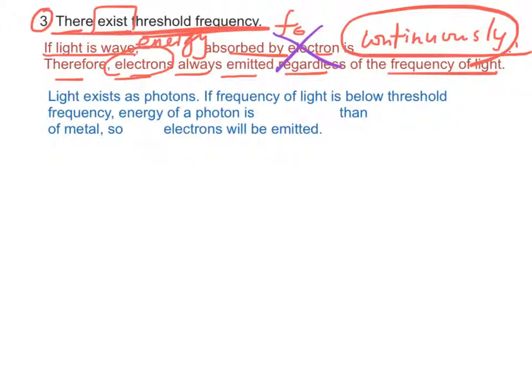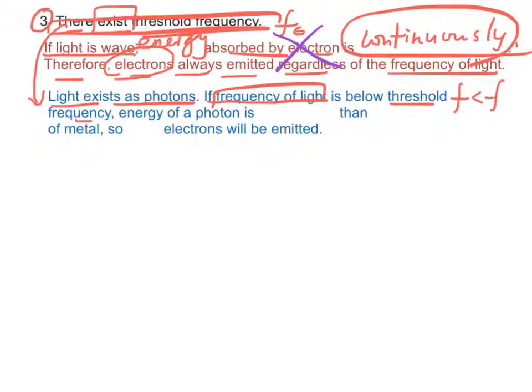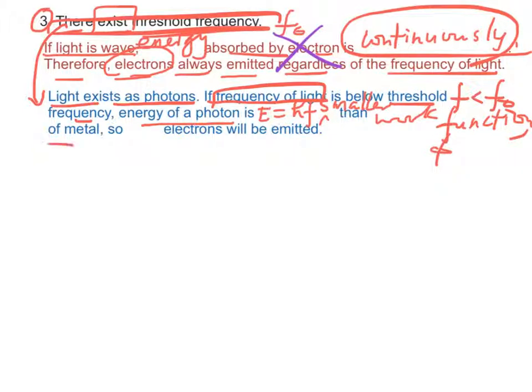The result is explained by considering light as photons. If the frequency of light is below threshold, f smaller than f naught, the energy of a photon, E equal to hf, is smaller than the work function phi of the metal.